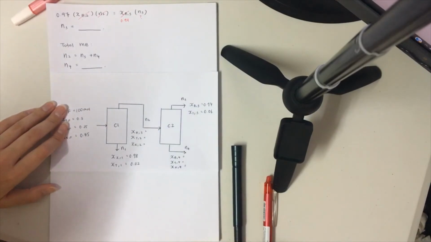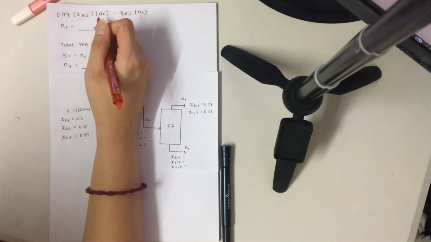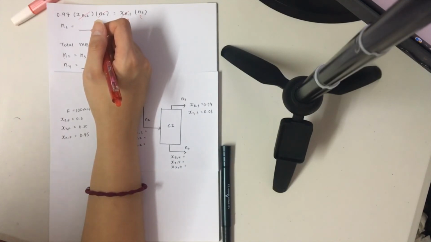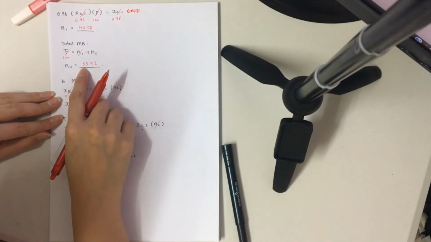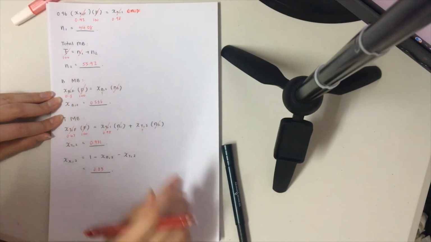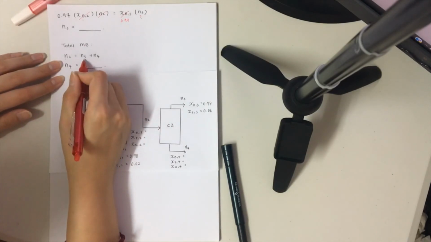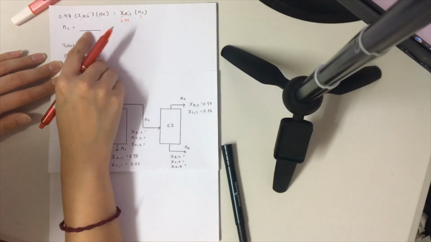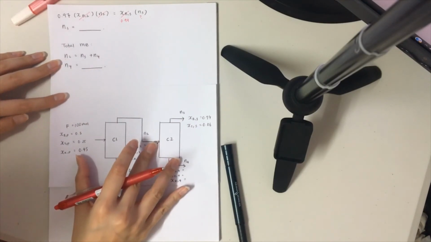Solve for N4. N2, we found it previously, right, in the first part. So N2 over here is 55.92 moles. Insert it in. And N3 was the value you found here, and you can solve for N4.